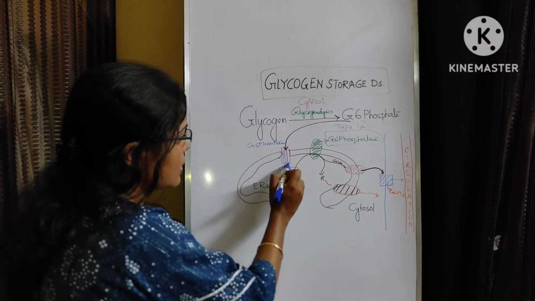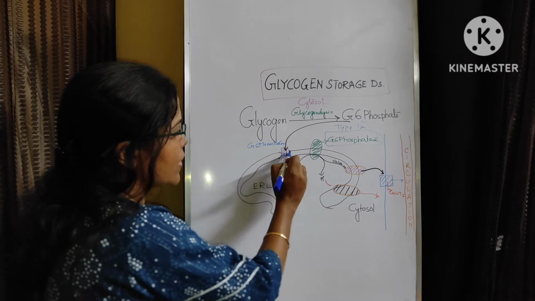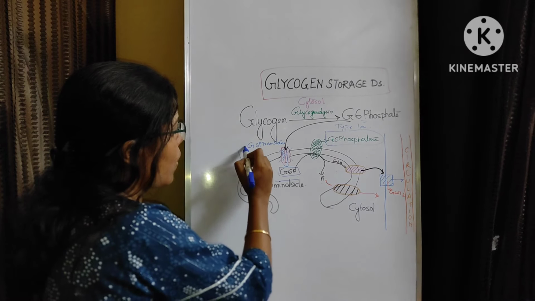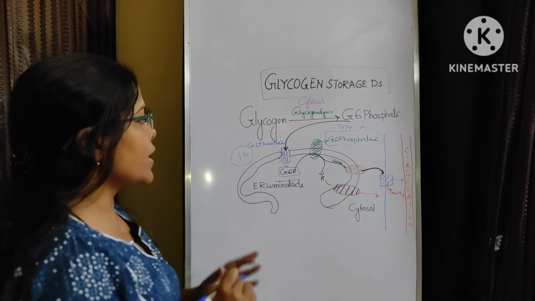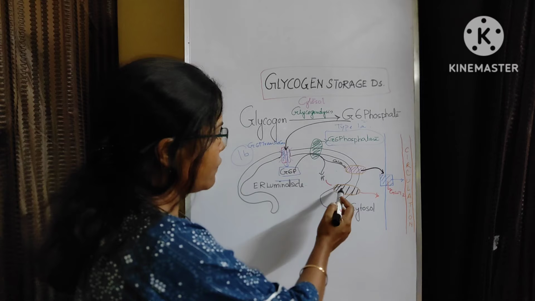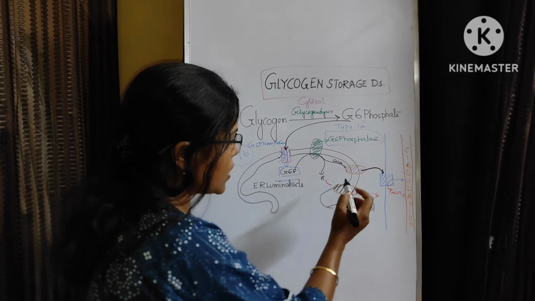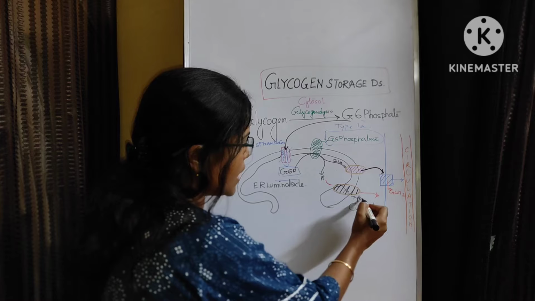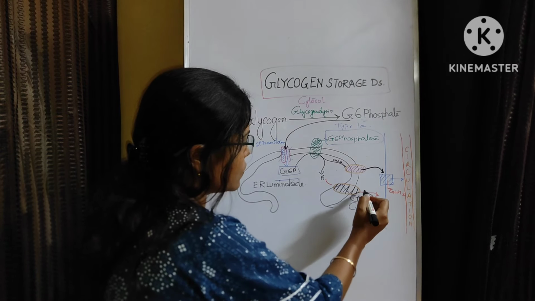If there is defect in the glucose 6-phosphate translocase, if it is absent, that will lead to type 1B glycogen storage disorder. If there is defect in this inorganic phosphate transporter, that will lead to type 1C glycogen storage disorder.